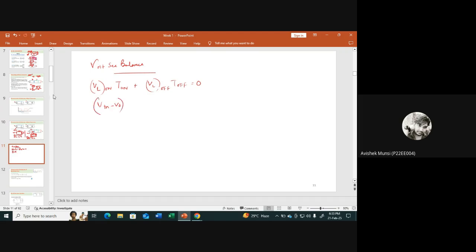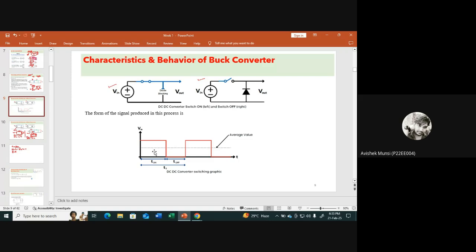If this is my on time period and this is my off time period, and I define duty as T on by T on plus T off, so this is T on by total time.